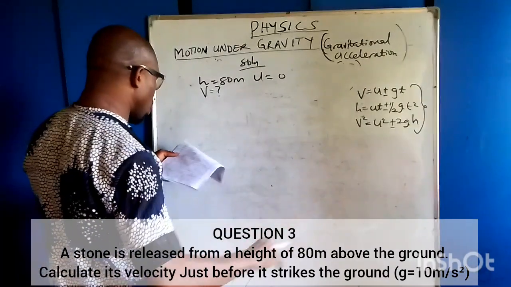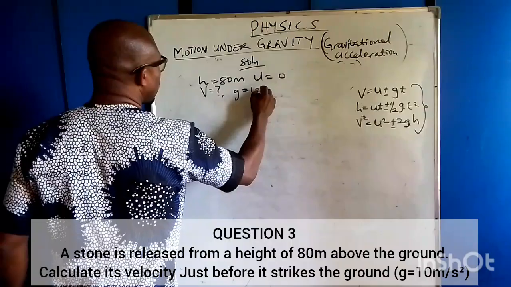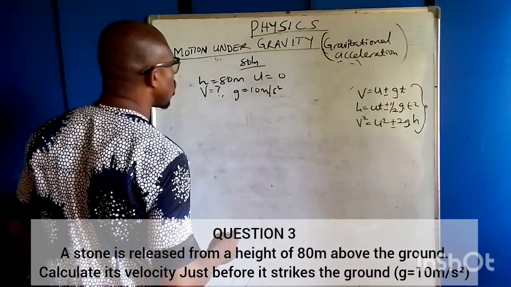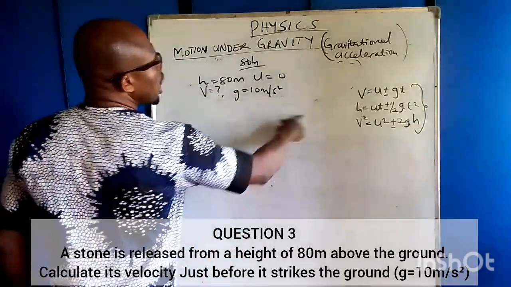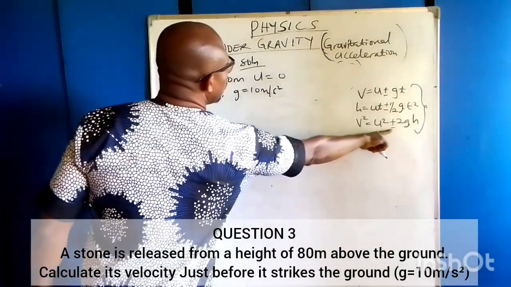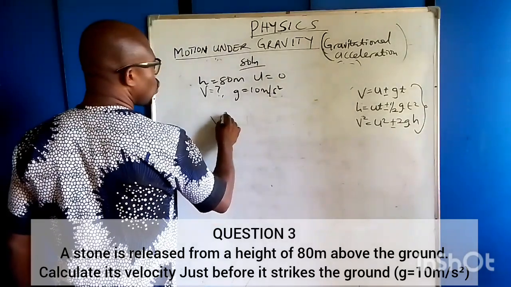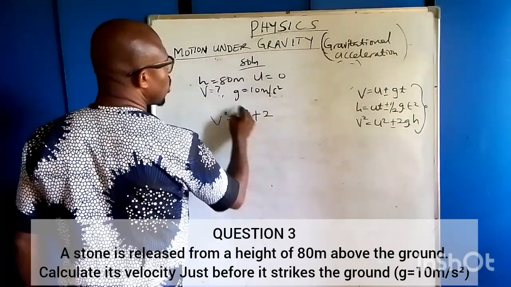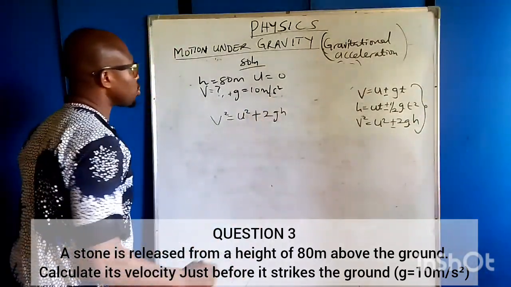But before it strikes the ground, we have g to be 10 meters per second squared, and there is nothing else given to us. Because there is h here, we'll still make use of this equation. V squared is equal to u squared plus 2gh, with plus because g is positive.